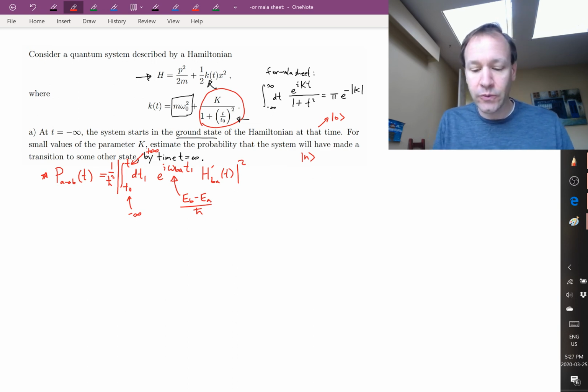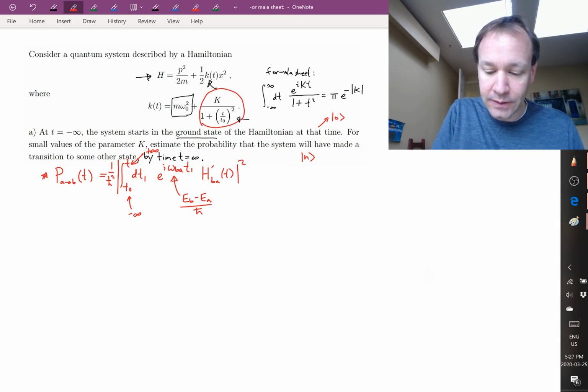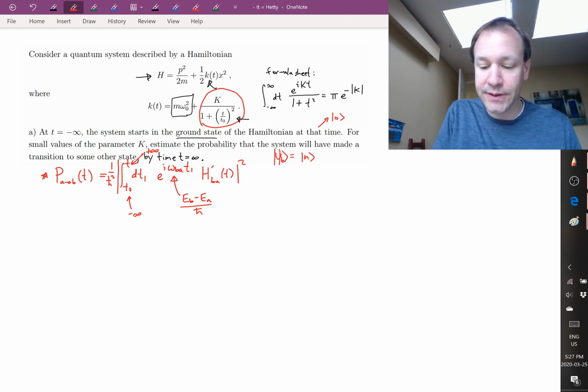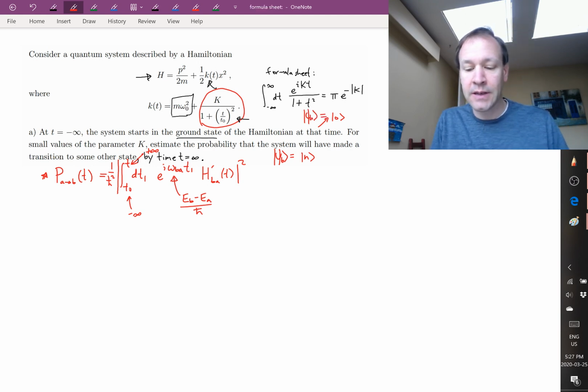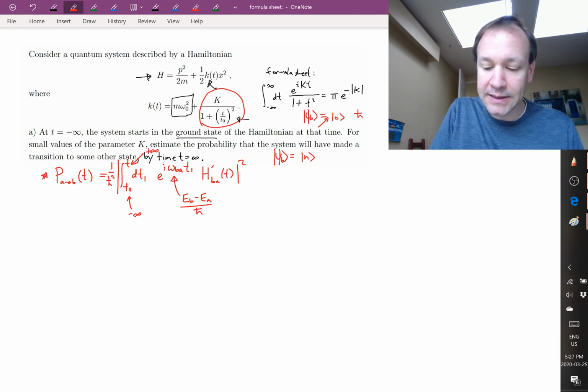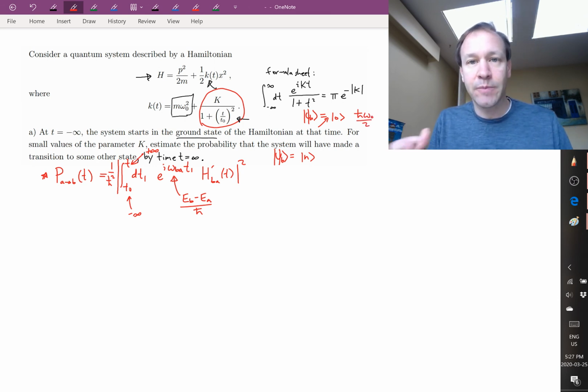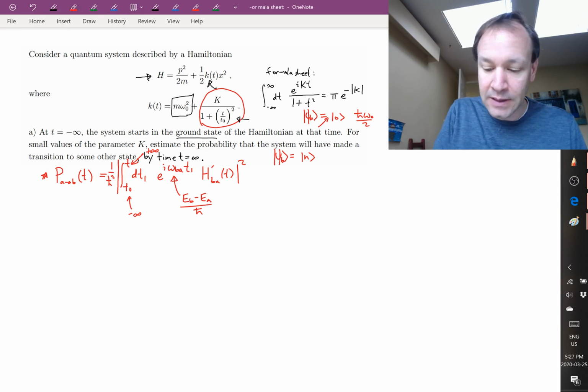Since we're taking our final state to be psi b equals n and our initial state to be psi a equals 0, we know that for a harmonic oscillator the ground state energy is h bar omega 0 over 2, and the energy of the state n is h bar omega 0 times n plus 1/2.